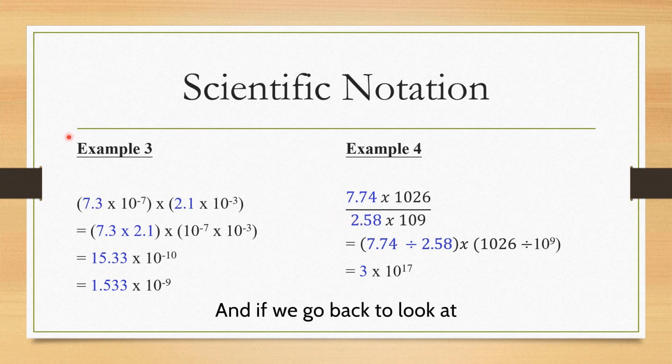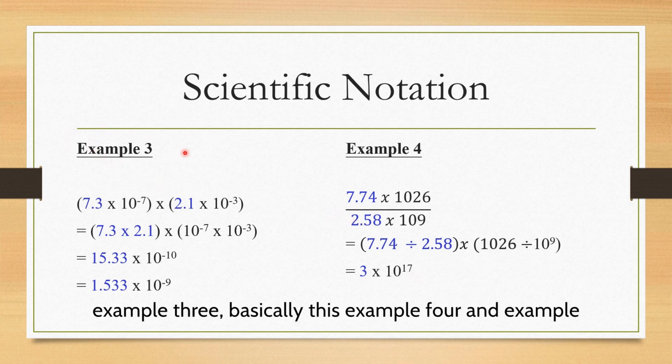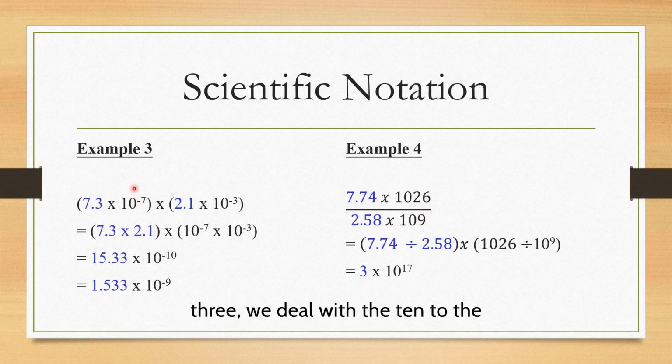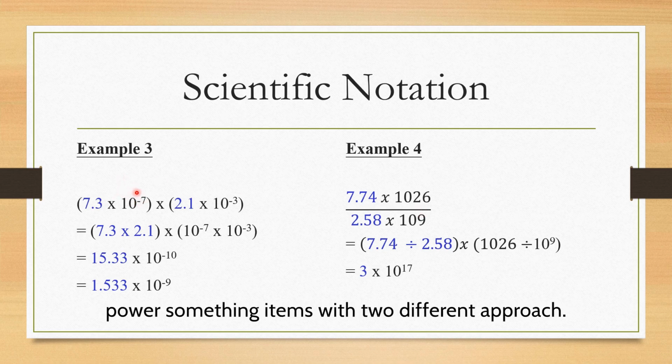And if we go back to look at example 3, basically in example 4 and example 3, we deal with the 10 to the power something items with two different approaches.